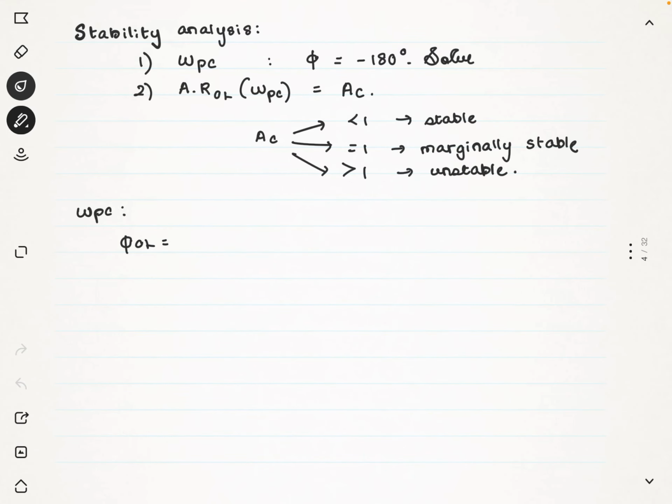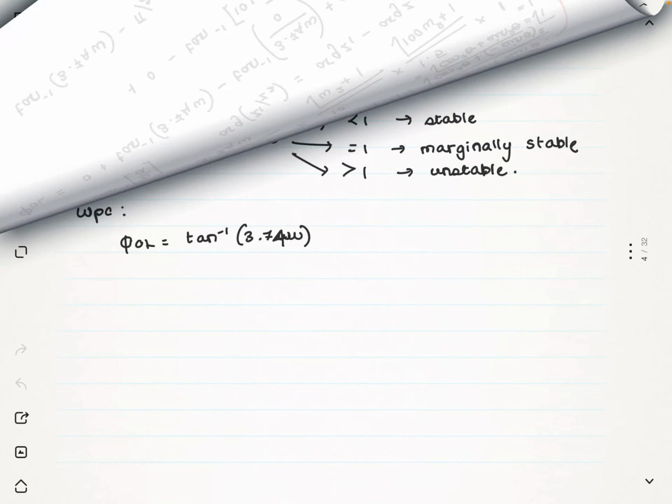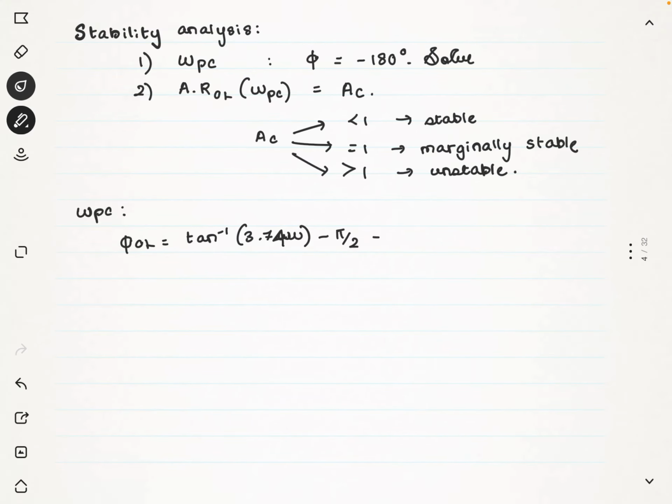Tan inverse 3.74 omega minus pi by 2, minus tan inverse omega, minus tan inverse 10 omega, minus 0.5 omega, and now we have to substitute the phase angle equal to minus 180 degree to get the crossover frequency.